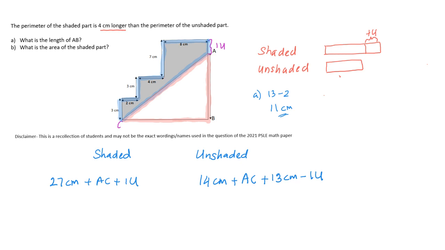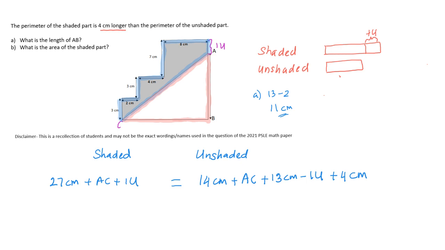So if I want to put an equal sign here, I need to ensure that the shaded and the unshaded perimeters are equal. So we know that the unshaded perimeter is 4 centimeters shorter than the shaded part. So I'm going to add plus 4 centimeters to the unshaded perimeter to make both perimeters equal now.